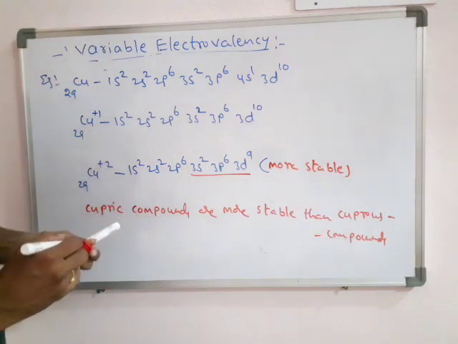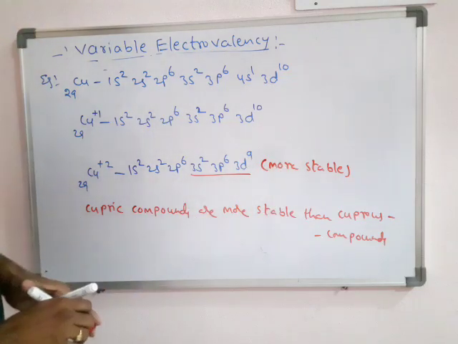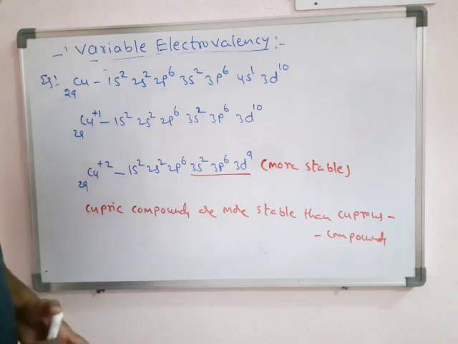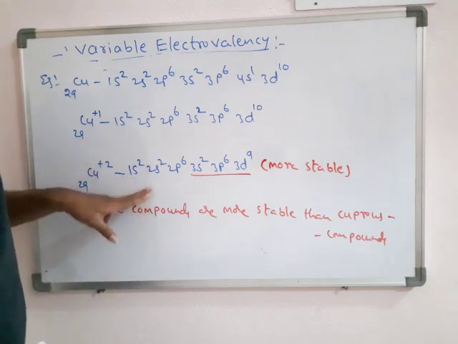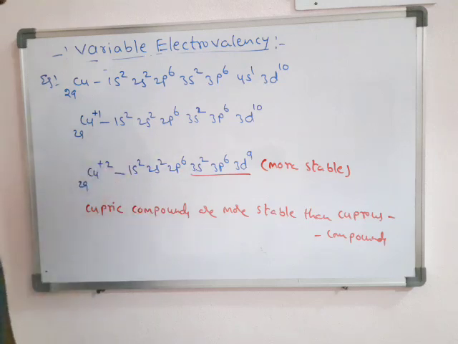So here the main reason given is that the remaining electrons are perfectly held by the nucleus in this part, not this part. That's why it has Cu+1, +2.